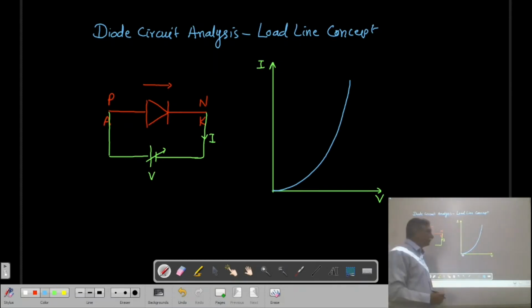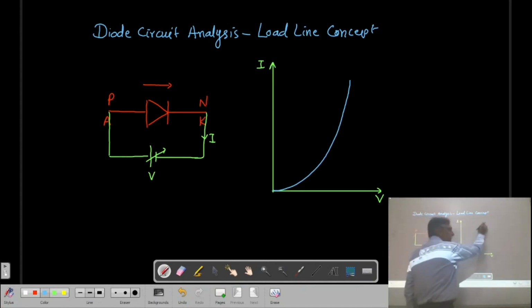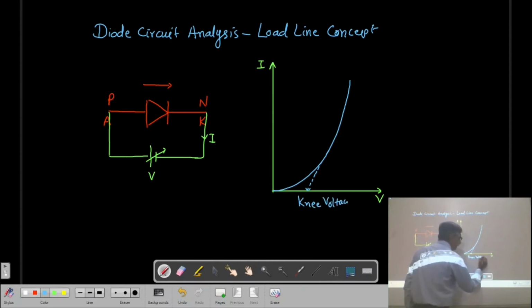And after a certain voltage, the current starts. If we draw this line, you can see that after this voltage the current suddenly increases. This voltage is known as the knee voltage, or the threshold voltage.